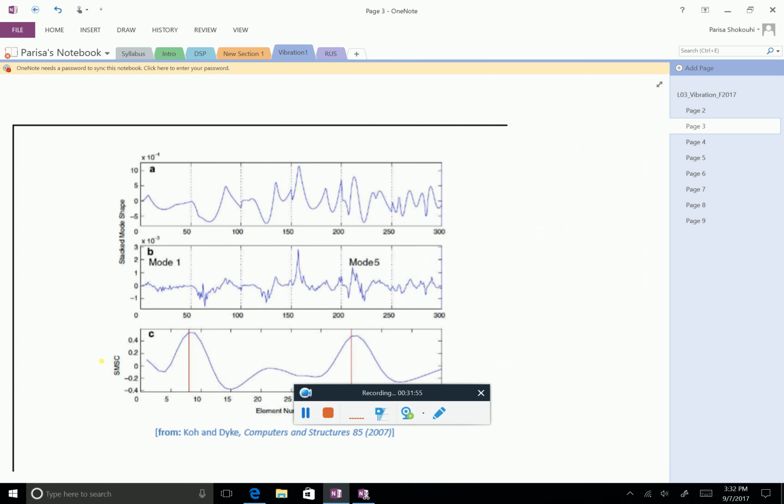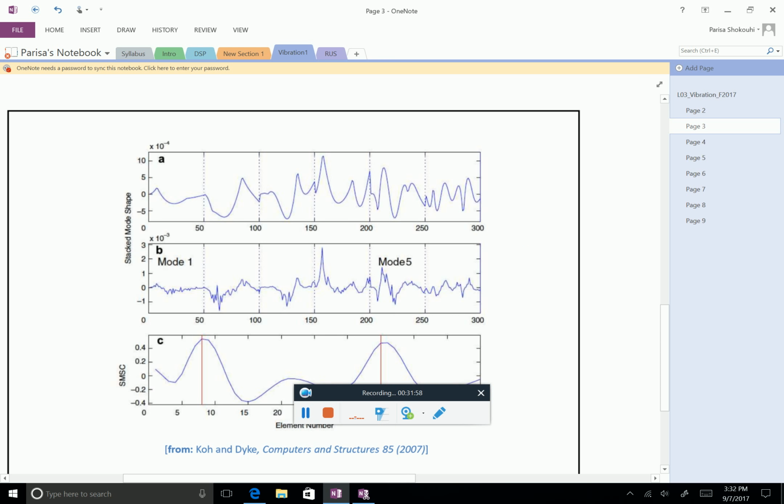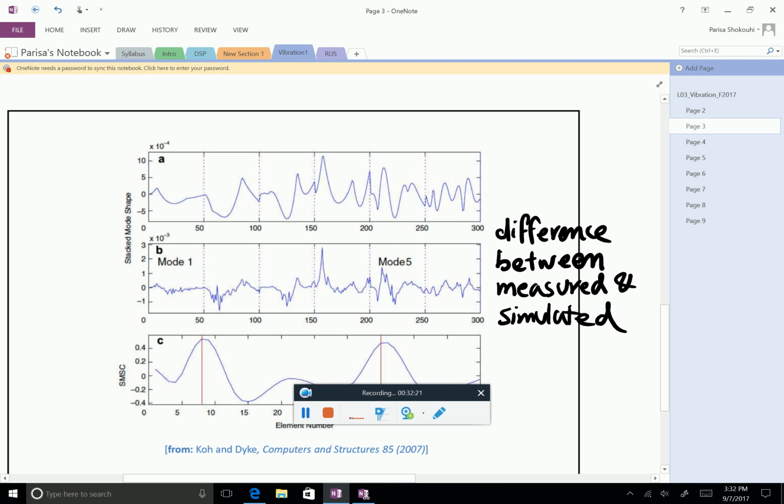That's how people look at it. This is just to show you the concept: the difference between a measured and a simulated mode shape, stacked. And yes, you need to do optimization to look at these differences. So you simulate the bridge just like J is simulating for resonances of his tiny crystals.